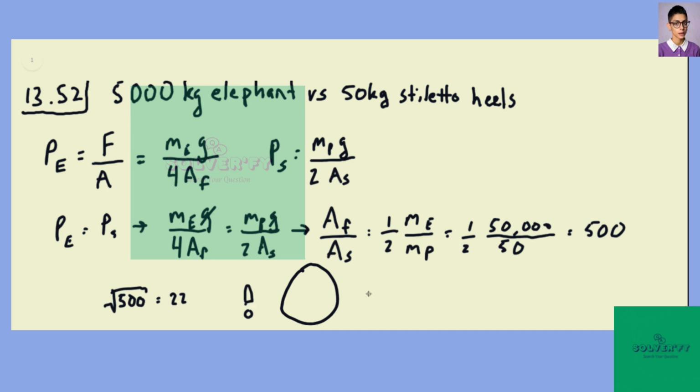And if you'd like, you can look up actual numbers again for how big an elephant's foot is, and then make a guess for a shoe, because you wear shoes every day, or you can at least get a hold of one and measure it. And considering that the actual contact area for the heel in a pair of stiletto heels is maybe like a centimeter squared or something, and most of the weight is supported on the heel.